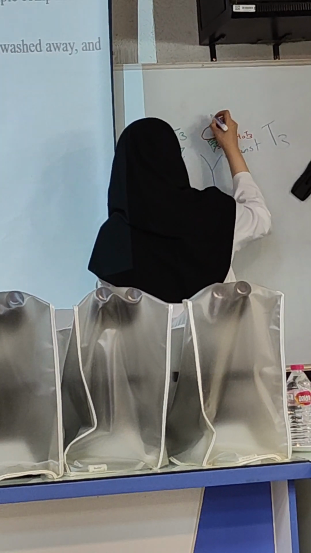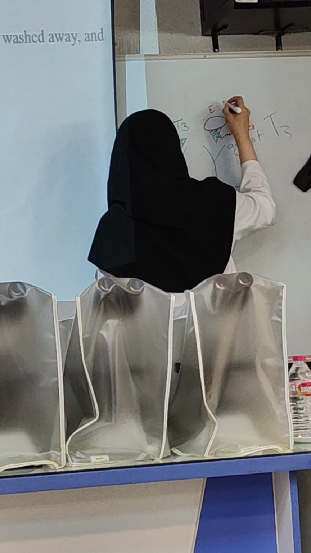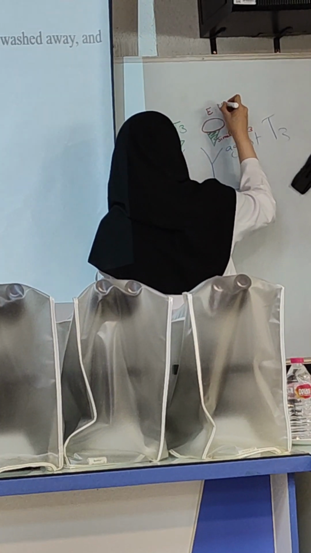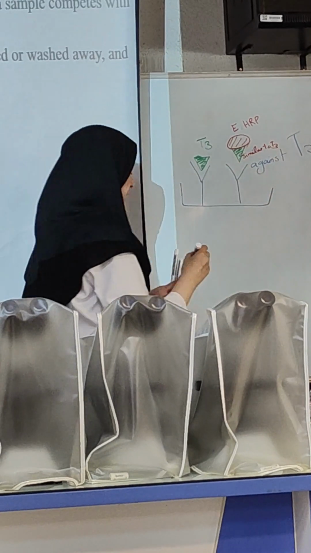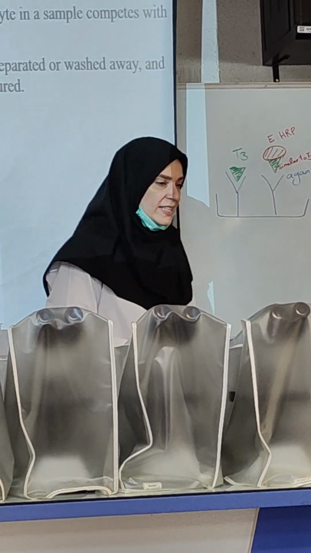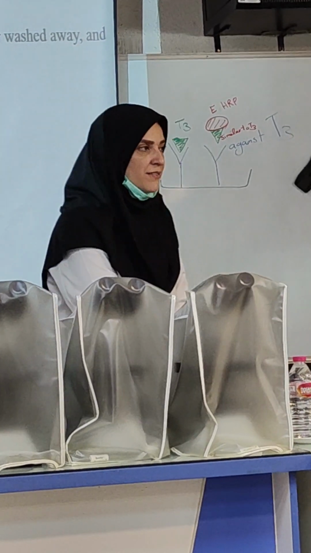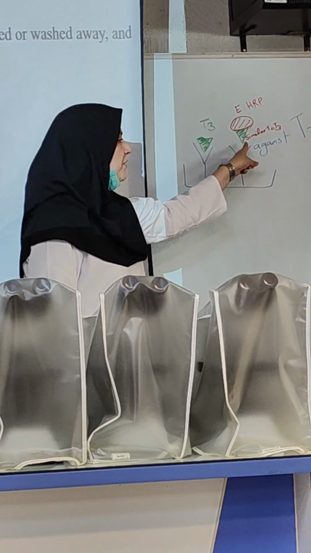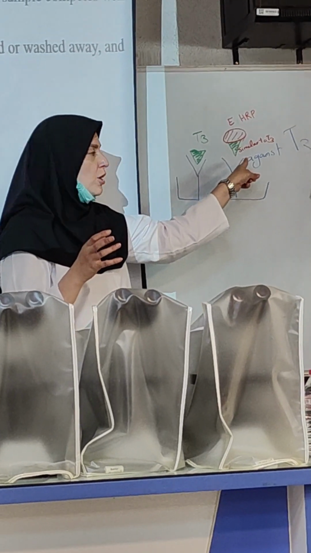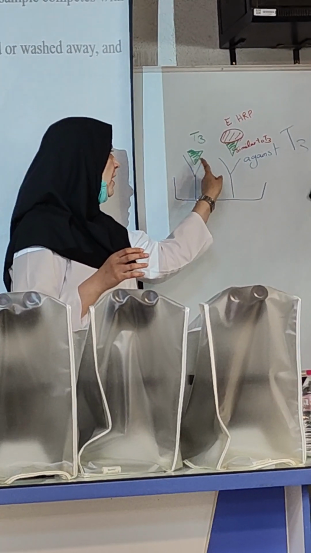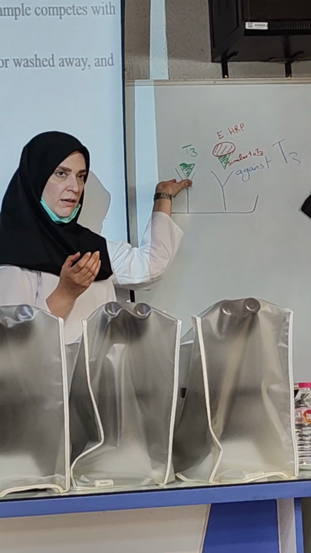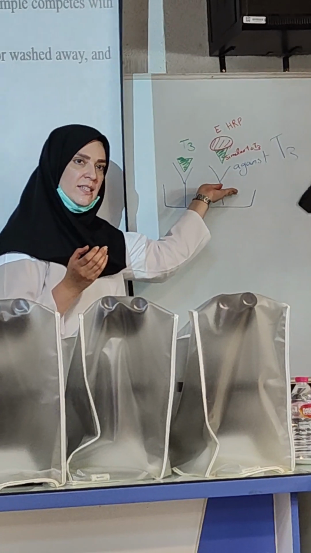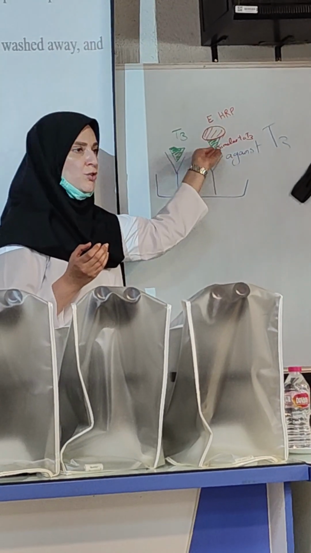And this is the enzyme, and the enzyme is HRP. When we say this is competitive, it means that there is a competition for binding to the antibody between which molecules? Your T3 and the similar molecule, which is known as a tracer.